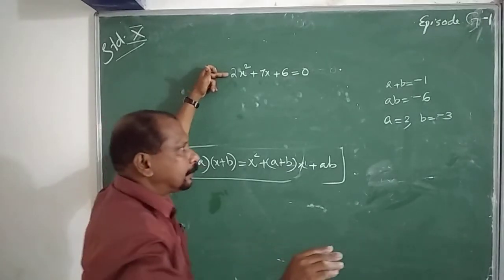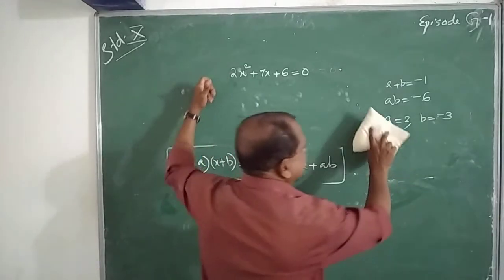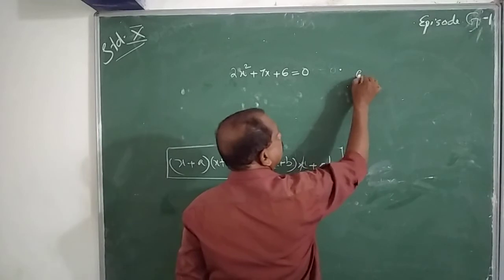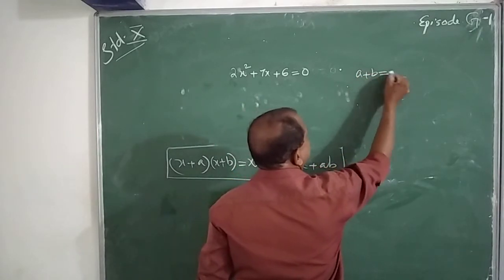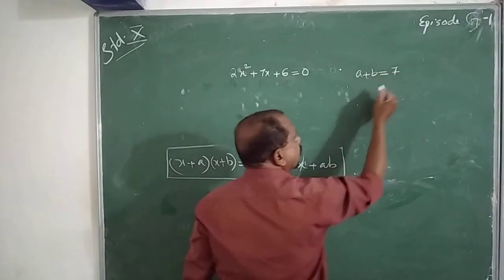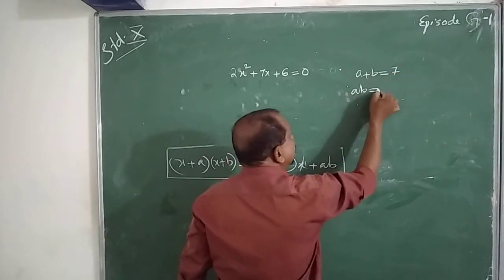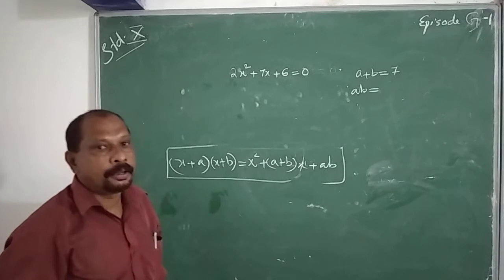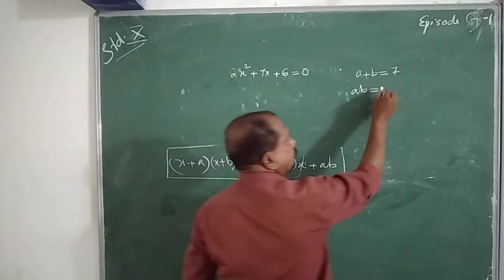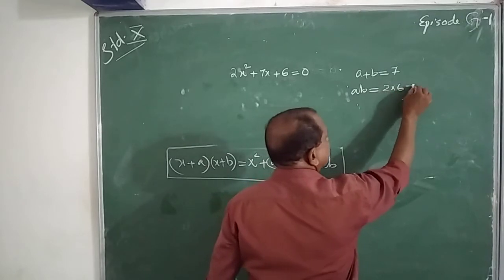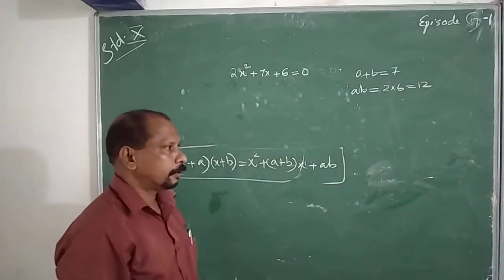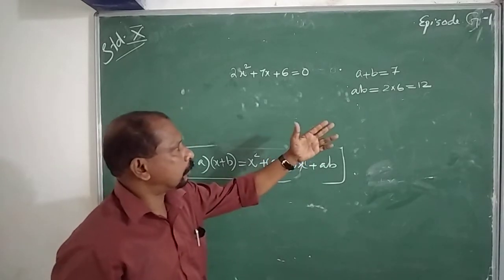In this case, let us consider a plus b. That is always the coefficient of x. That is a into b. It is not equal to 6, but the product of 2 and 6 is equal to 12. 2 into 6 is equal to 12.